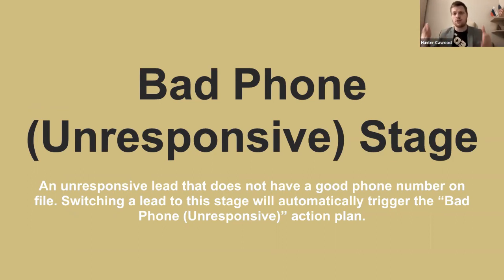Those emails are designed to talk the lead into giving you their phone number, re-engaging, and initiating a conversation. That allows you to make the most out of those leads that don't have a good phone number. So I definitely recommend using and finding that stage in your client's profile.